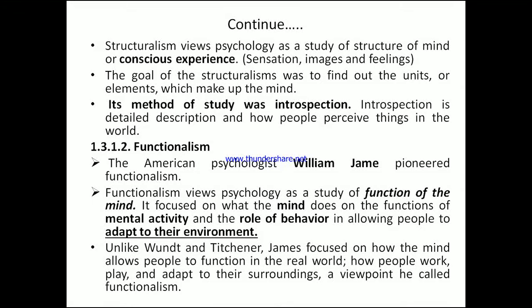This theory is influenced by the work of Charles Darwin, the evolutionary theories, which focus on the survival of the fittest. Charles Darwin said that the fittest will survive. Which one? The one who can easily adapt to the environment.